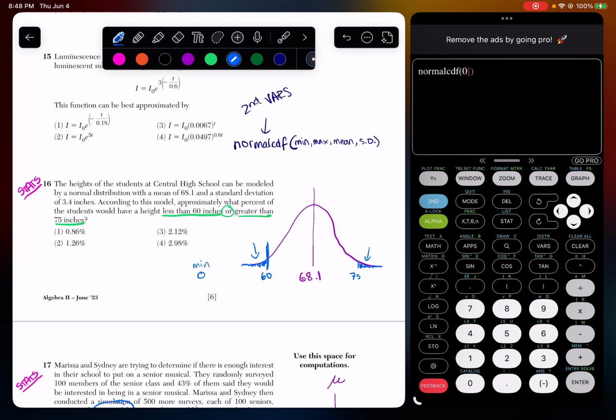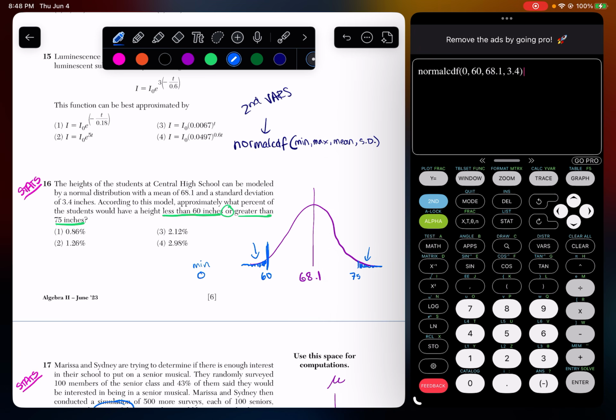Let me just do it one more time: second distribution, normal CDF. I want the interval from 0, and then I'm going to use the comma button, from 0 to 60 if my mean is 68.1 and my standard deviation is 3.4.